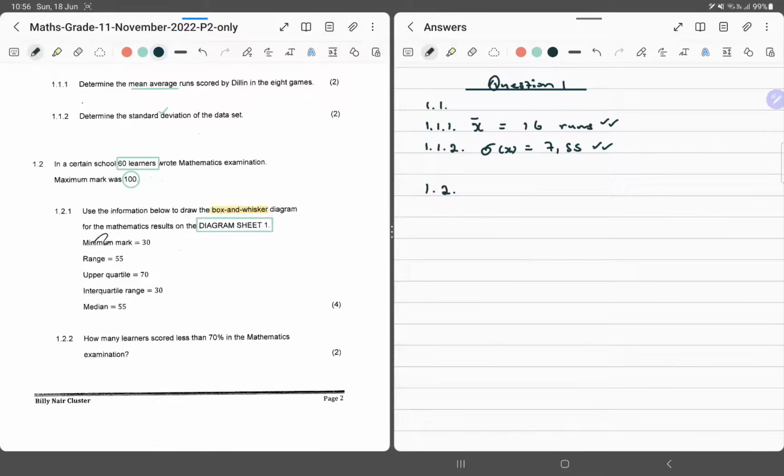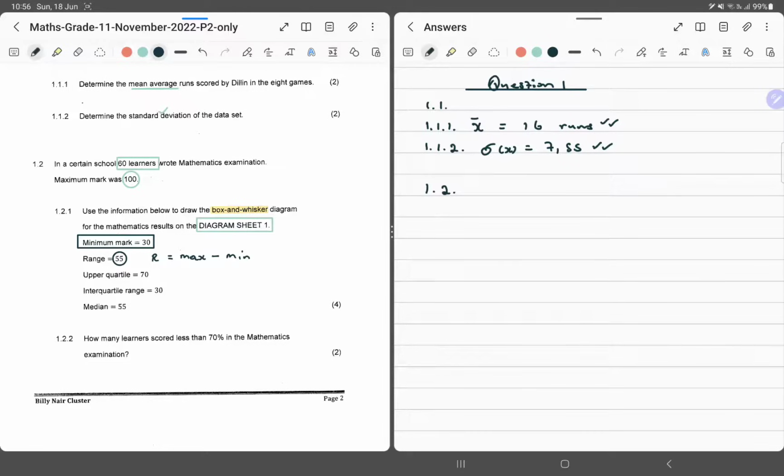So we know that these kids in this particular school, these 60 learners, the lowest mark was 30. And then the range is 55. So what is the range? The range is basically the difference between the maximum and the minimum value.